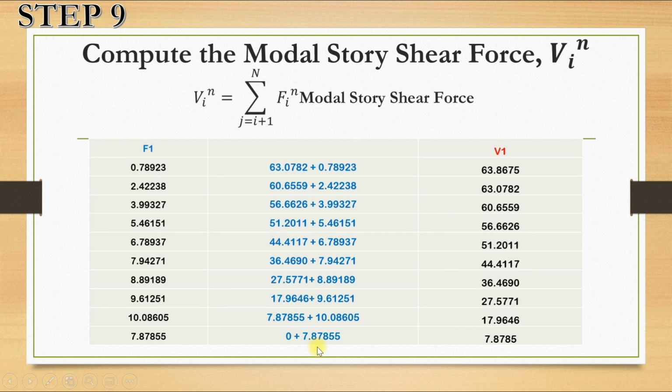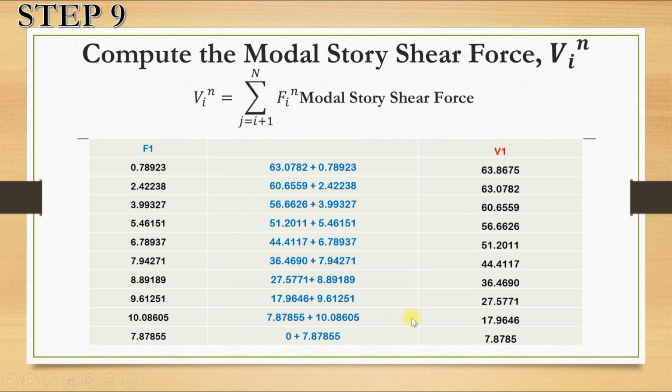So, magiging 0 plus 7.87855 will also be equal to 7.8785. Next, yung value na ito na nakuha natin sa 10th floor, i-add na naman natin dito sa F1 ng 9th floor.